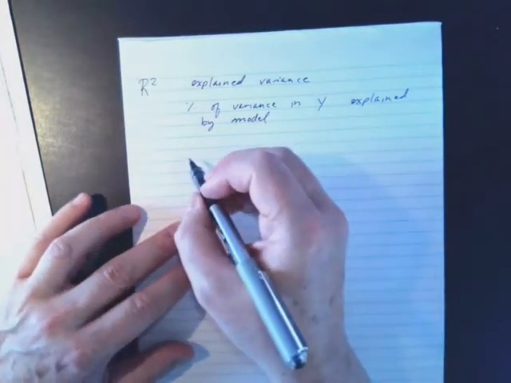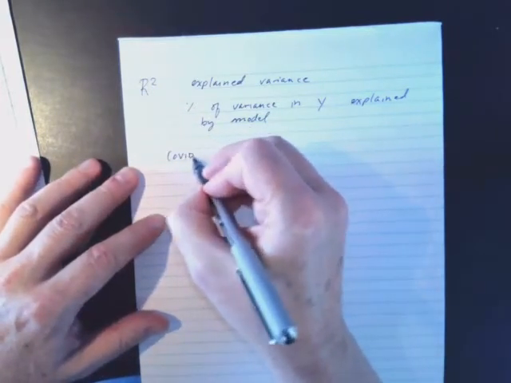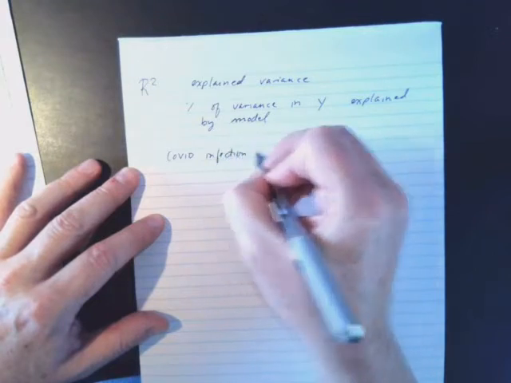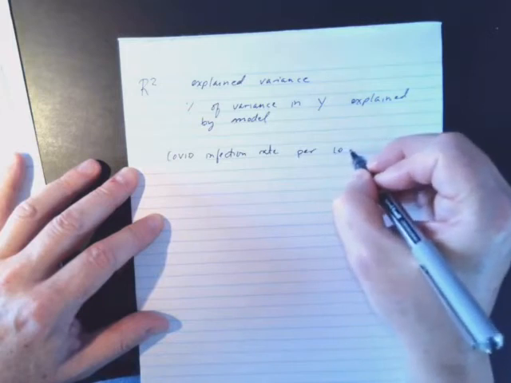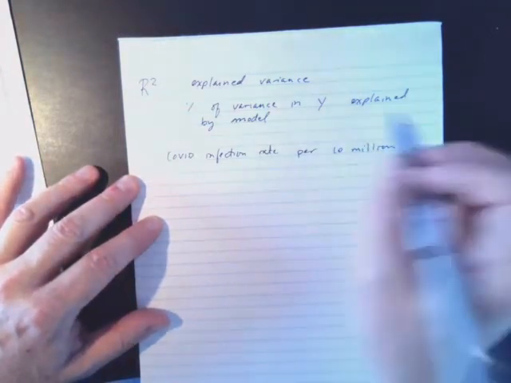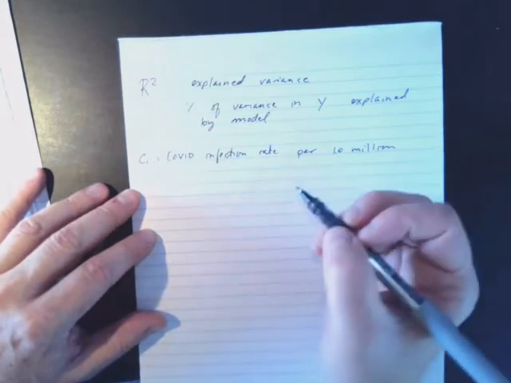Suppose that we had data for every country around the world on the COVID infection rate per, say, 10 million people. We'll call that C. And what we want to do is explain that.